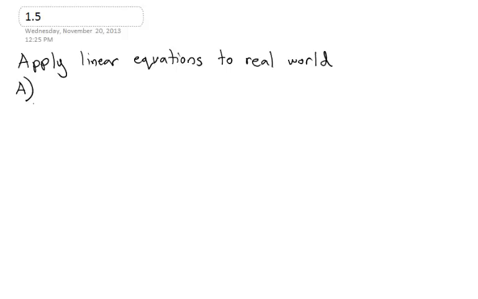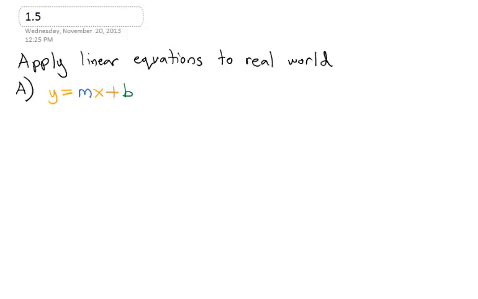And basically what we're going to be seeing is the same equation that we've become very familiar with, that y equals mx plus b.